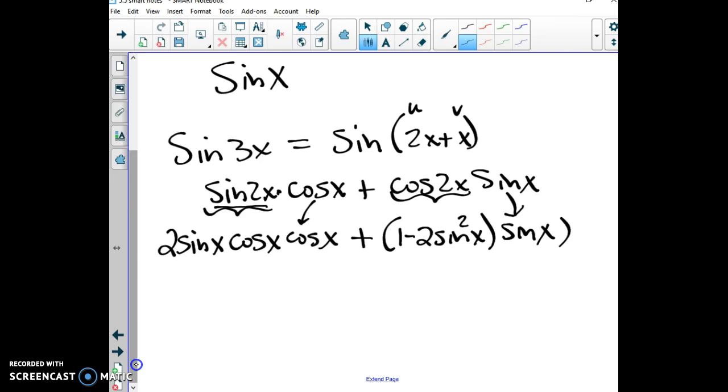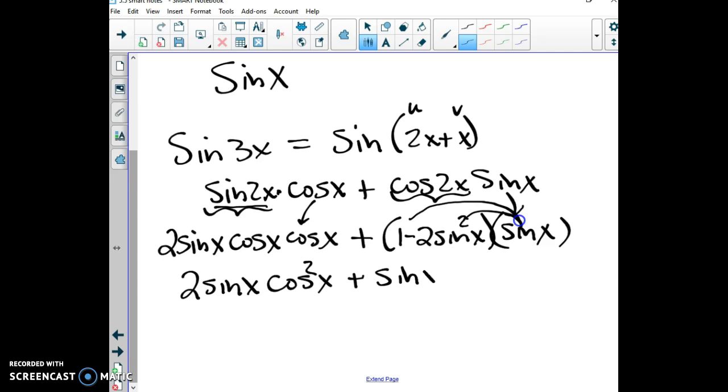We're going to simplify the first part. We get 2 sine x cosine squared x. To that we are going to add the second part, which has been distributed. So when I distribute that sine x, I get sine x times the 1 minus 2 sine squared x, and 2 sine squared x times sine x would give us sine cubed x.